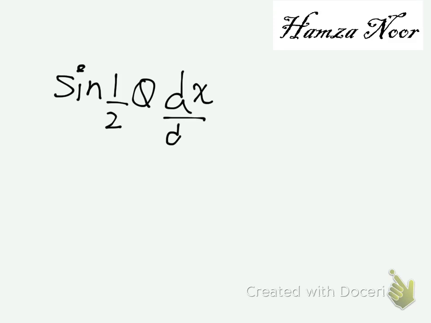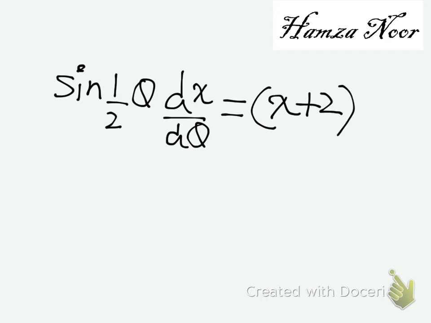Alright, so first thing, we know that we have been given the equation sine 1 over 2 theta dx over d theta is equal to x plus 2 cos 1 over 2 theta.